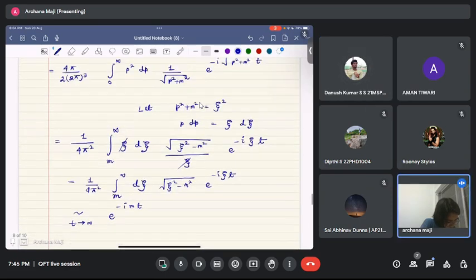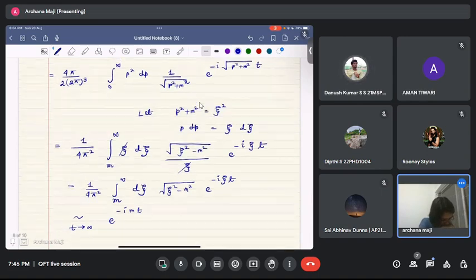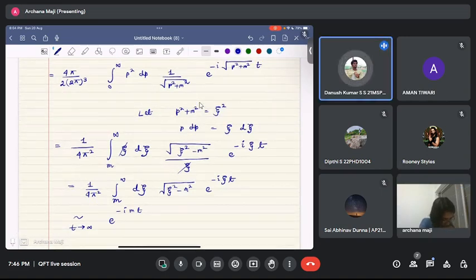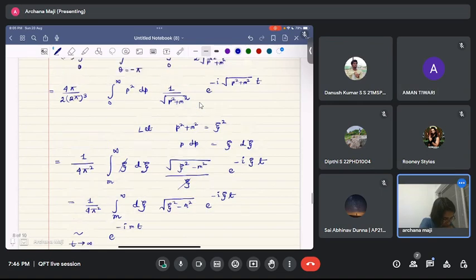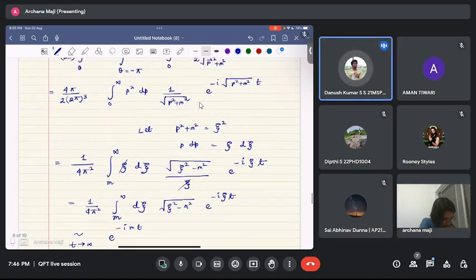How did it turn into e power i m t at last?